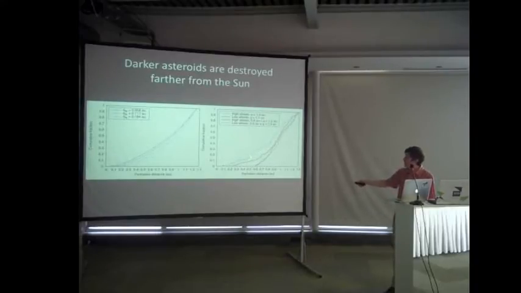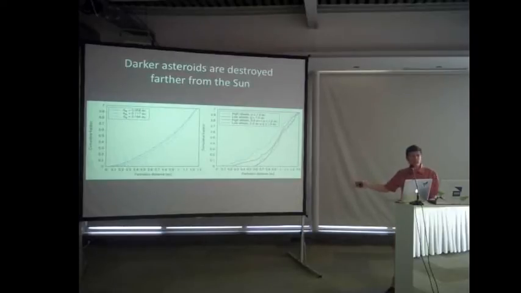Now if you take our models and look at different Q distributions for disruptions happening at different distances, you see that when you go from the purple to the blue one, the disruption distance increases. That is sort of obvious in some sense, and that's exactly what we see here.